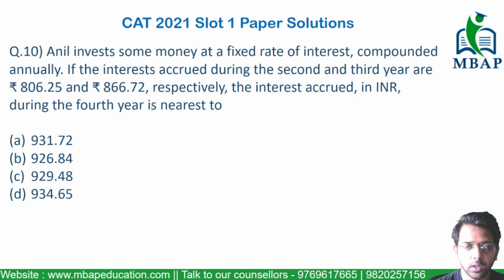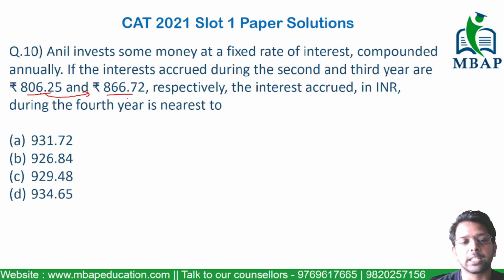Now certainly this question deals with compound interest, the application of compounding. Year on year, the interest on interest will also be levied. I repeat, the interest on interest will also be levied. So let's look at the change that we are looking at in terms of interest value.